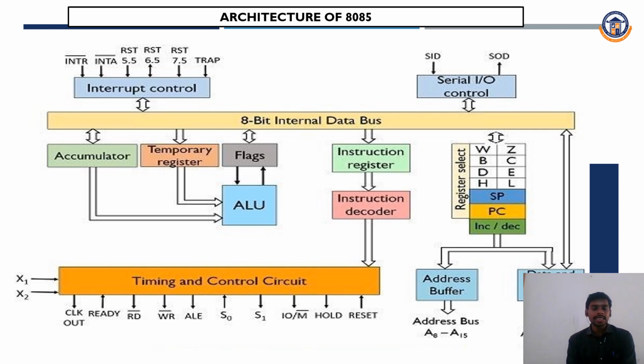ALE means address latch enable. It's a very important control unit. Then there are the serial output, serial input, IO slash memory, hold, reset, address buffer, address data buffer. This will be the architecture. The explanation will be in the upcoming slides.